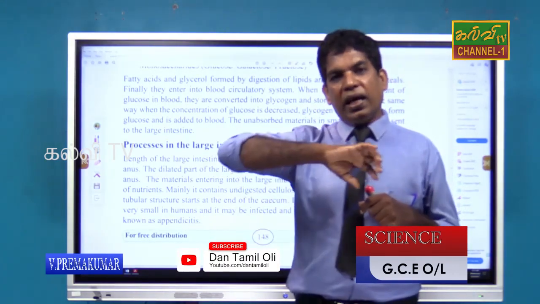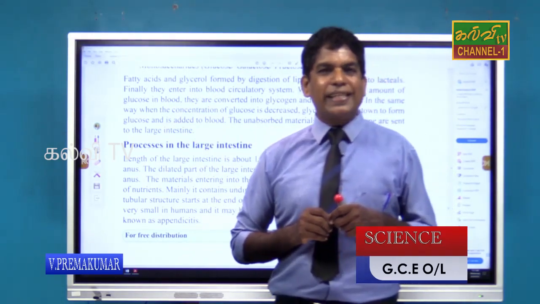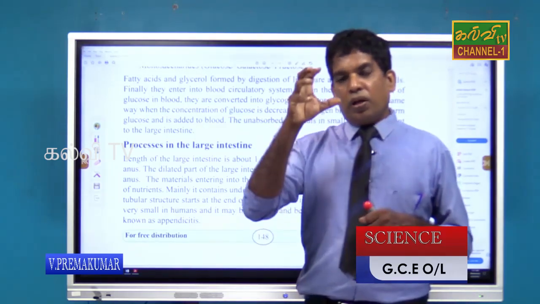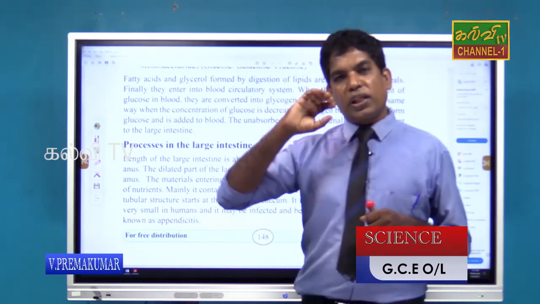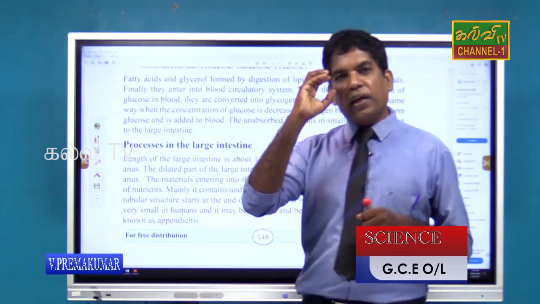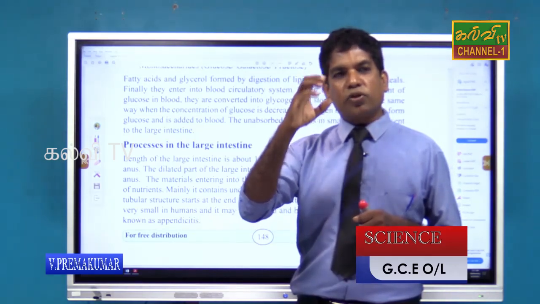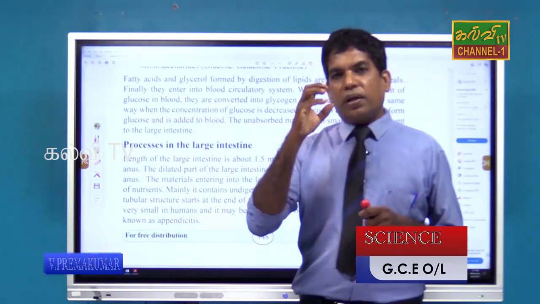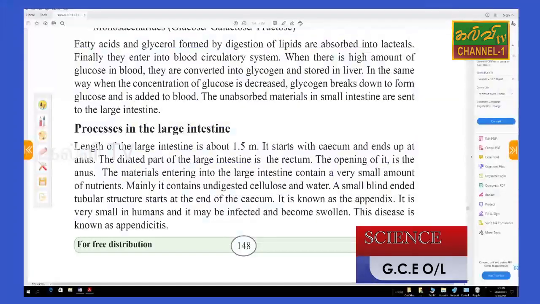Therefore the last part of the large intestine, especially the rectum, absorbs water, and the liquid remains of the food convert to a solid form.